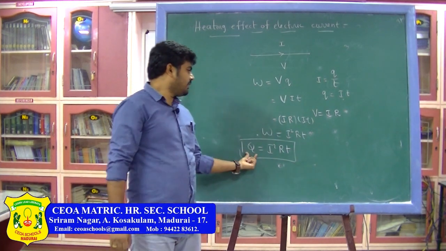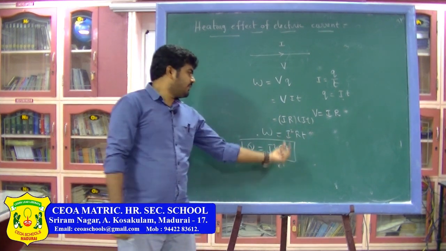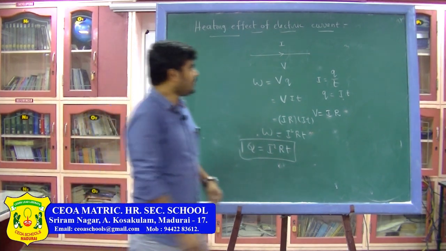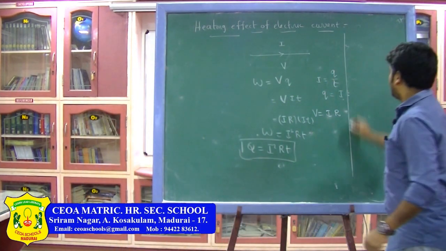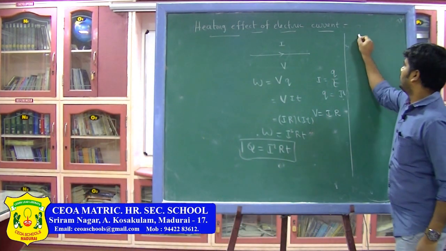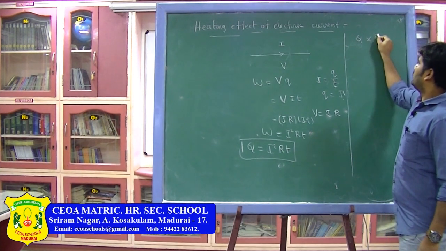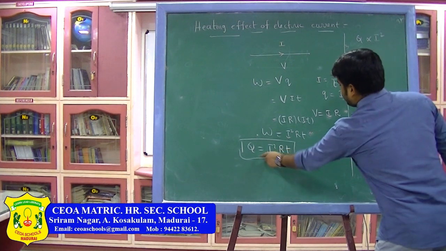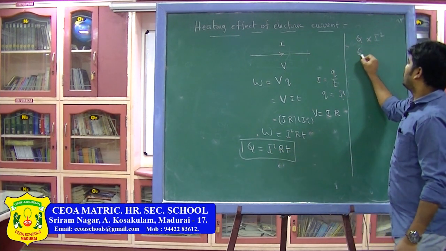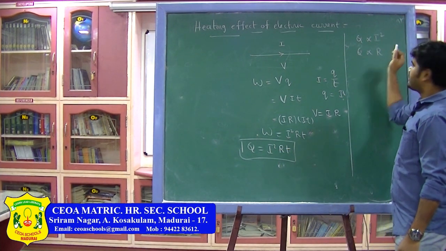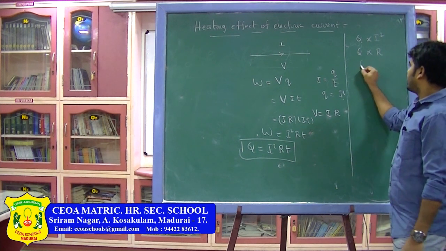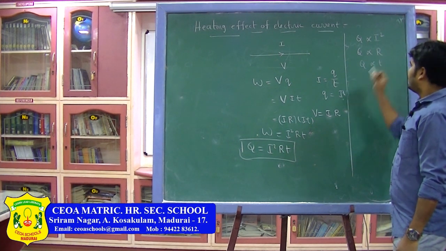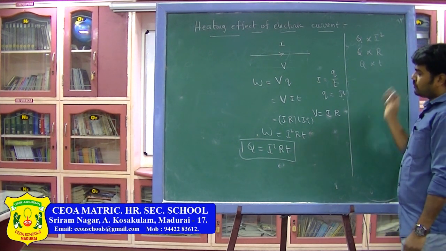So, from this we can say three different relations, that is the quantity of heat produced Q is directly proportional to square of current in the conductor, and next one Q is directly proportional to resistance of the material, and Q is directly proportional to time during which the current is allowed to pass through the conductor.